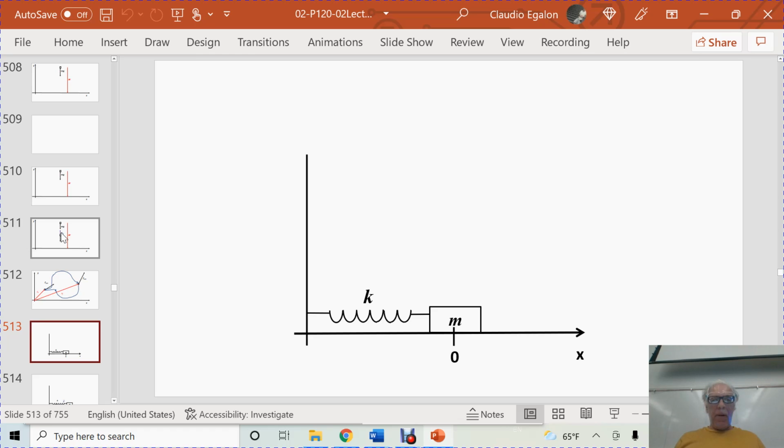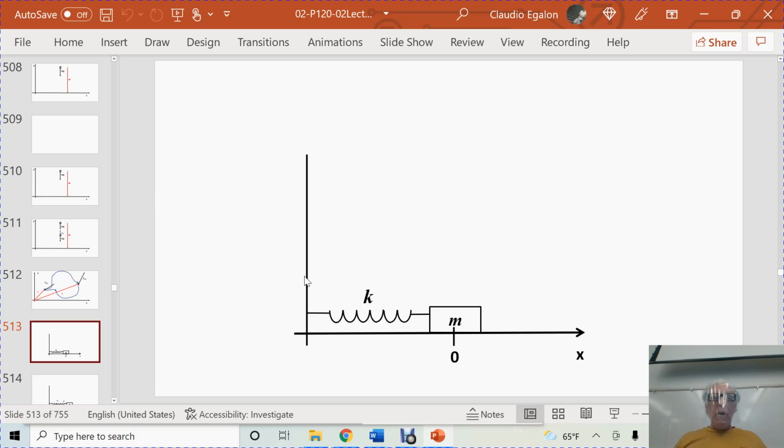Right, this mass is sitting at the position of equilibrium. Right now, the spring is not applying any force whatsoever on the mass. The spring is neither stretched nor compressed. So the force of an ideal spring is given by that equation.